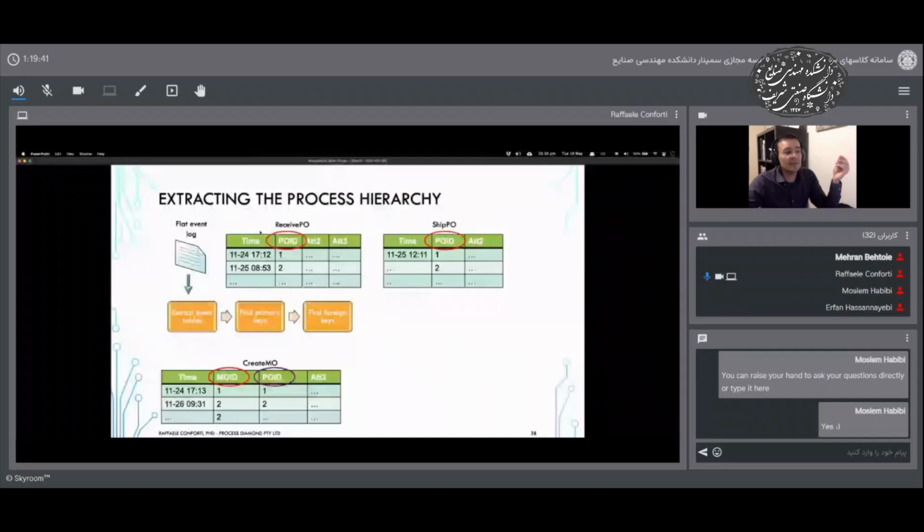So they basically say, okay, this event here has a foreign key that is pointing to these two activities. It basically means that it's a subprocess. Once we do that, what we do is split the log by removing all the events that are relevant to a subprocess.